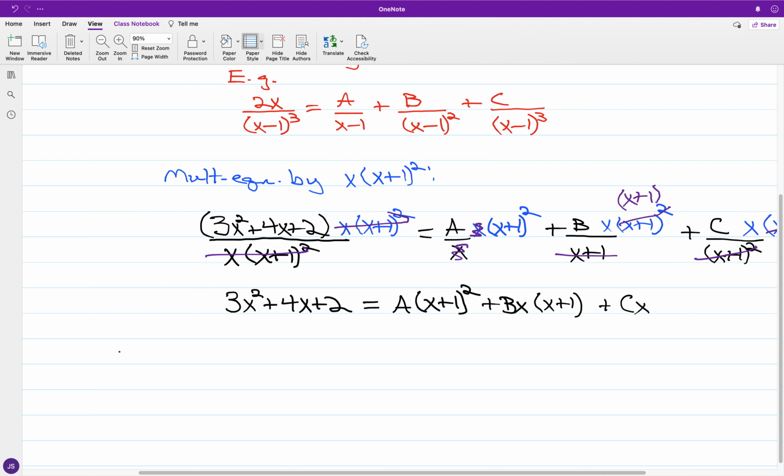So for x equal to 0, we have 3 times 0 squared plus 4 times 0 plus 2, equal to a times the quantity 0 plus 1 squared.